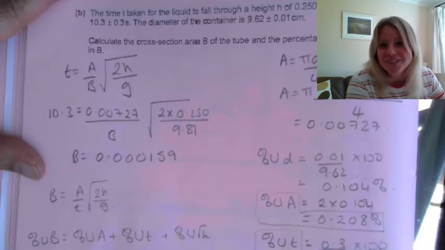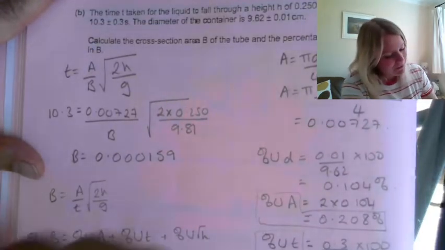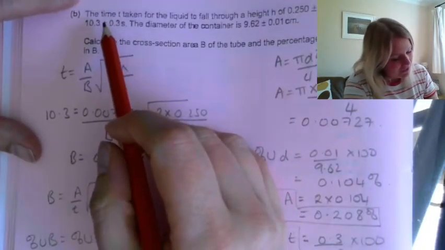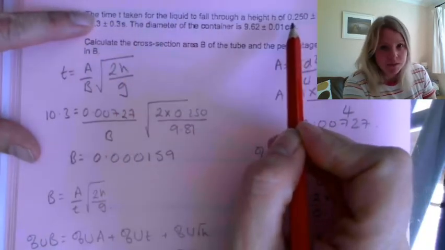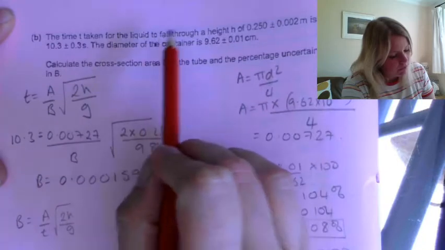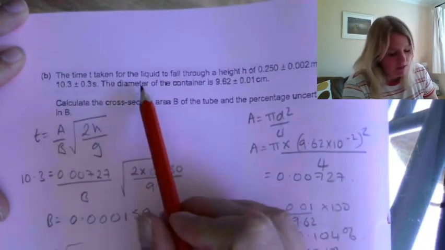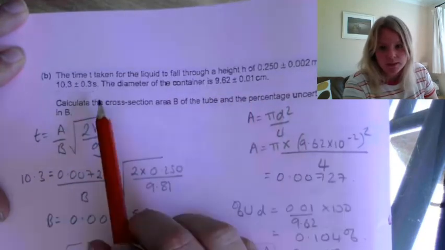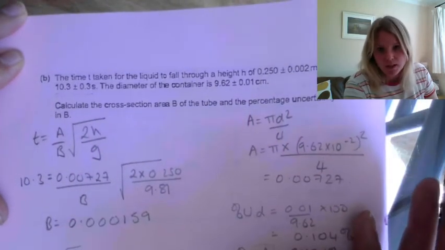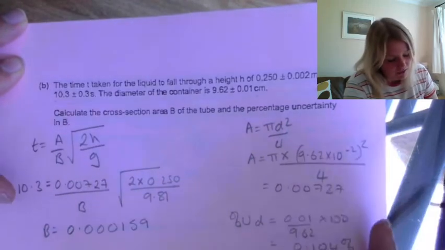Okay, and another one that is actually secretly amazing. For part B, it tells you that the time taken was this. No, that's a lie. The height is that. The time taken is this, and the diameter is that. Calculate the cross-sectional area B of the tube and the percentage uncertainty, and it's the percentage uncertainty bit that obviously I am loving.